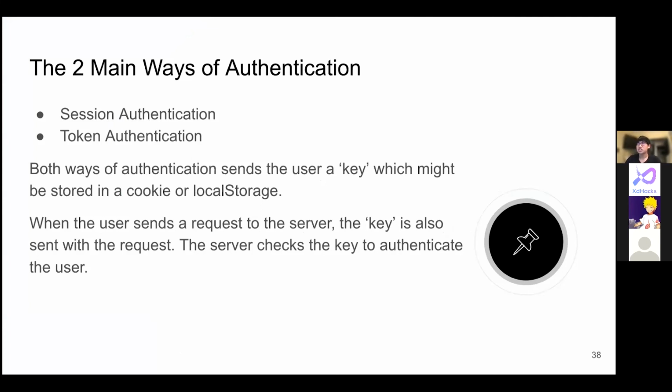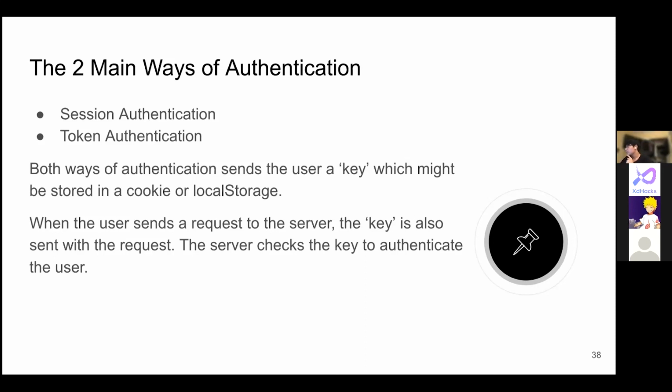Both ways of authentication send the user a key, which might be stored in a cookie or local storage. Notably, the way the key is sent is a lot different between session and token. In token authentication, most of the time we use something called JWT tokens, if you've ever seen that before.